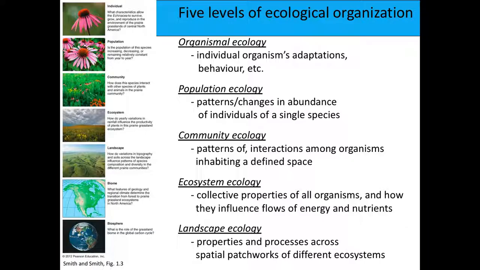And again, this is taken from your book, but this is standardized across the fields. There's typically 5 levels of ecological organization: organism, population, community, ecosystem, and finally landscape. At the organism level, we're dealing with the individual.